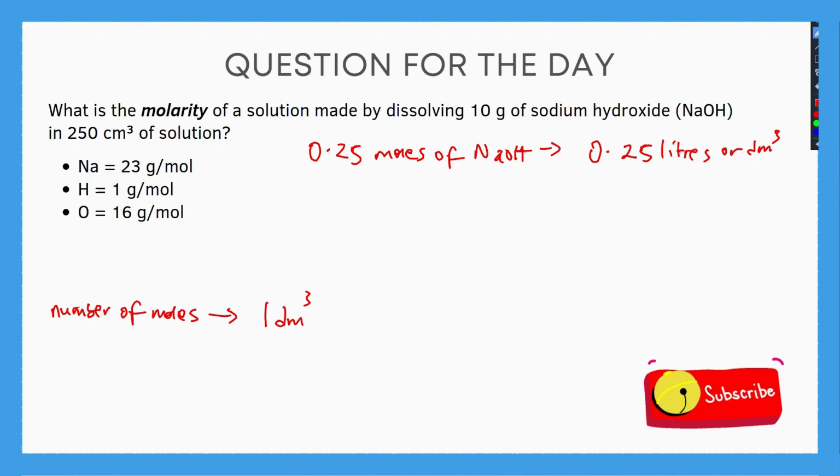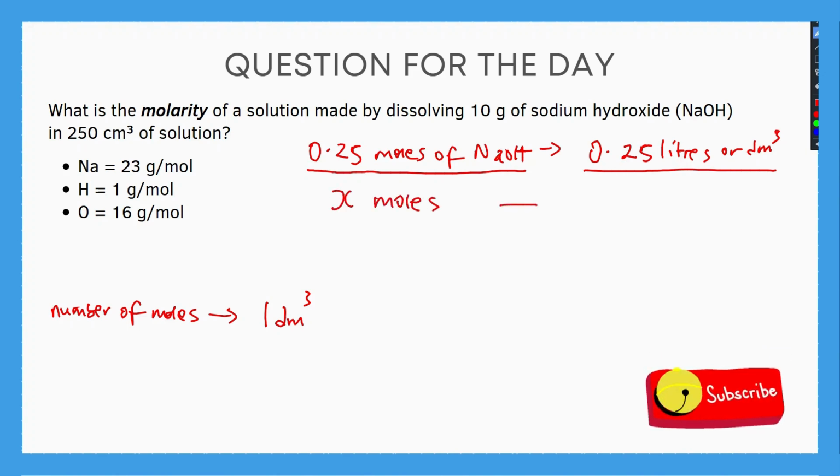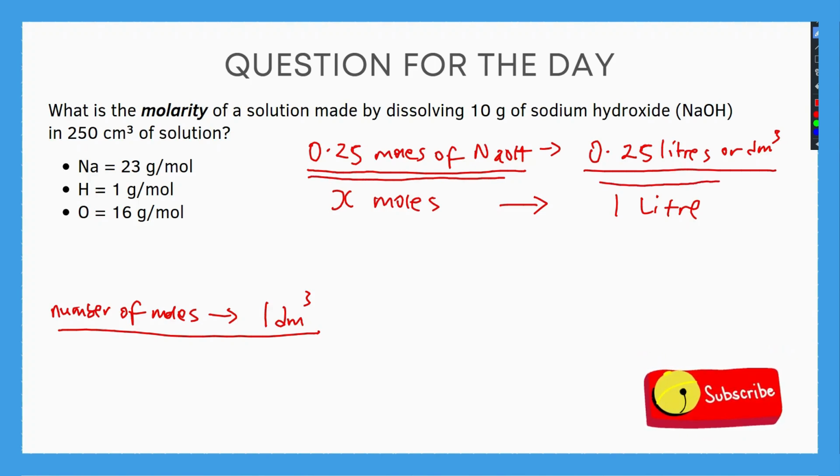So now if we have 0.25 moles of sodium hydroxide in 0.25 liters, therefore how many moles are we now going to have in 1 liter? Because molarity is number of moles contained in 1 dm³. We have discovered how many moles are contained in 0.25 liters. So now we want to find out how many moles will be in 1 liter.